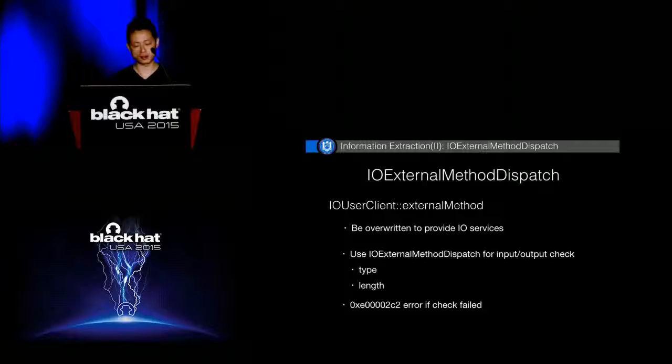If the actual parameters do not pass the IOExternalMethodDispatch check, then an E402C2 error will be returned by the kernel. So IOExternalMethodDispatch is very important for our fuzzing parameter generation.